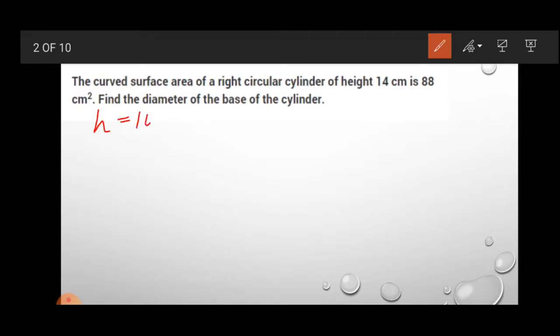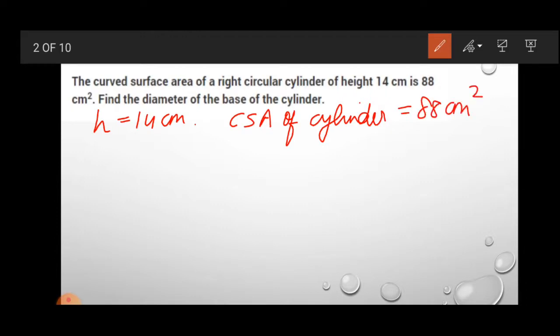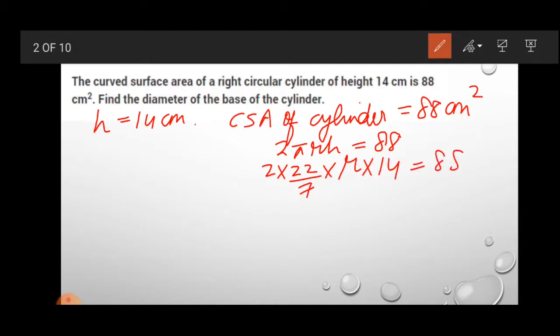Height is 14 cm, given. Curved surface area of the cylinder is 88 cm square. We know the curved surface area of a cylinder is 2 pi r h, which equals 88. 2 into, put the value of pi, 22/7, into radius r as it is, into height 14 is equal to 88.